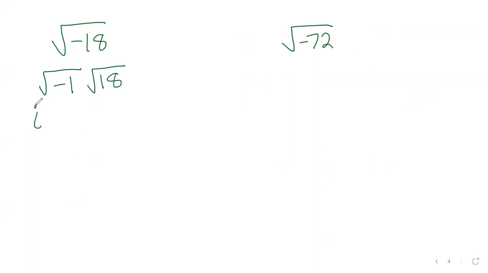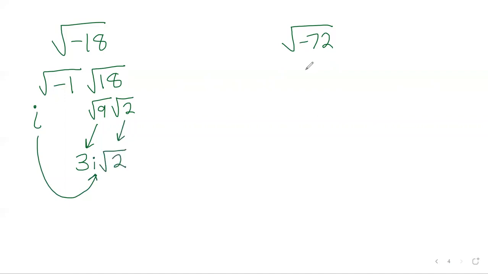So that's i. And we can just evaluate this like a regular radical because that's what it is now. We know there's a perfect square that goes into this, 9, so we'll separate into root 9 and root 2. And again, putting the parts together, that gives us 3, then the i, and then the root 2.